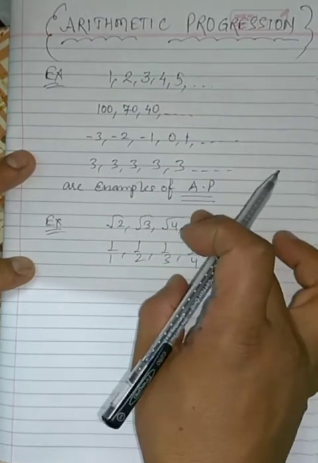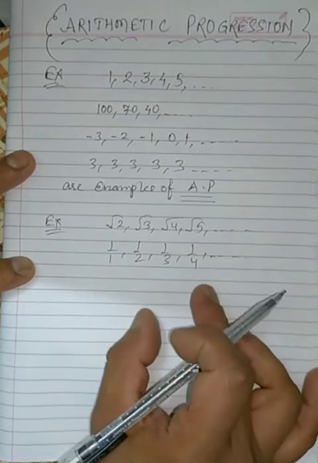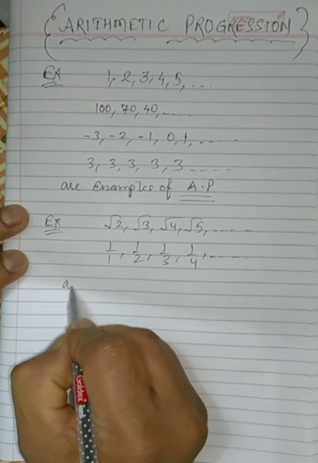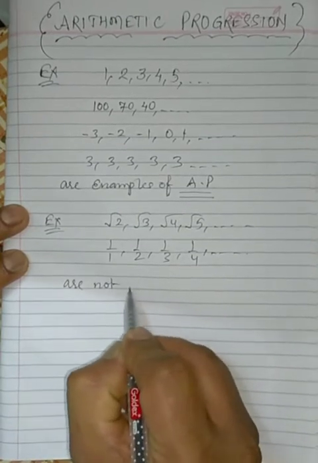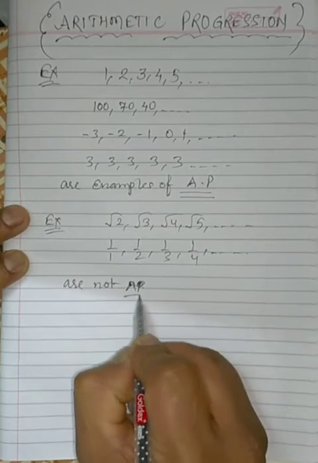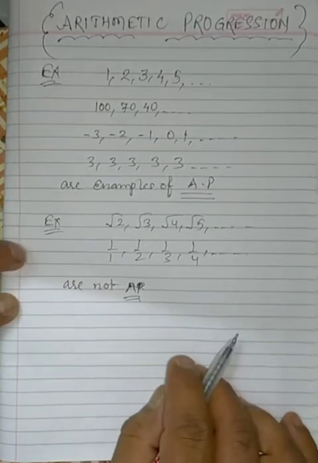So these two cases or cases like this cannot be considered as the arithmetic progression. So these two examples are not AP. Okay?